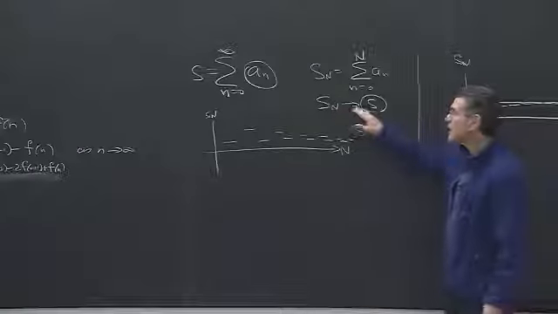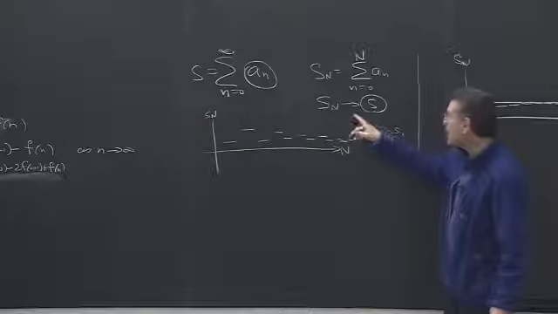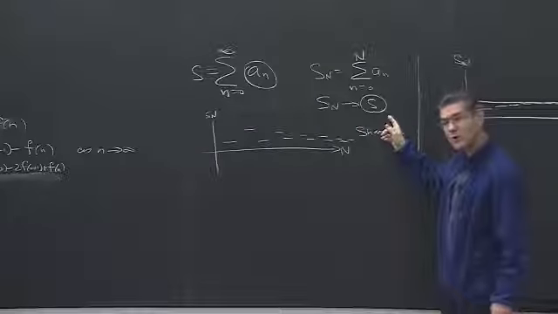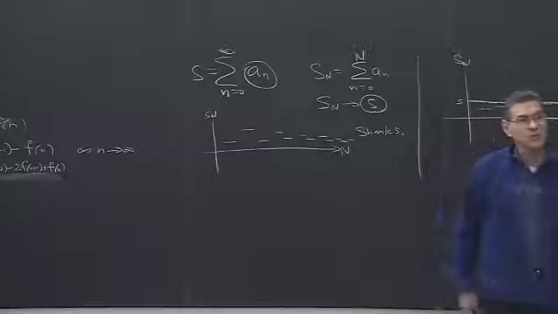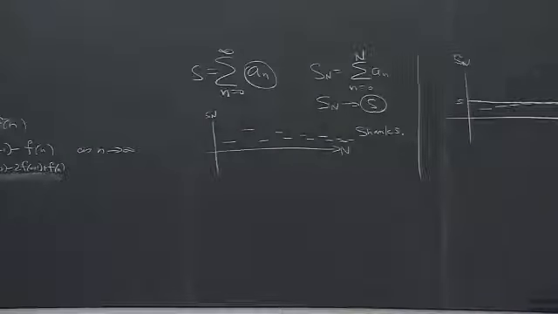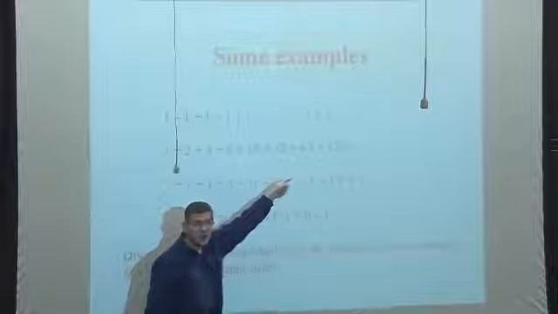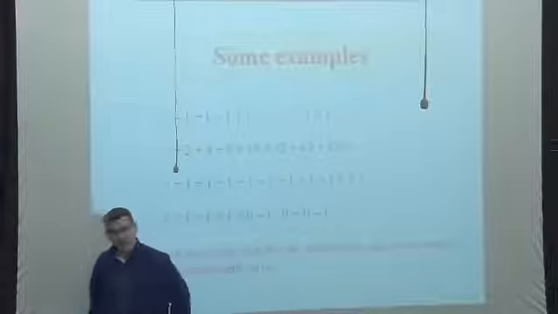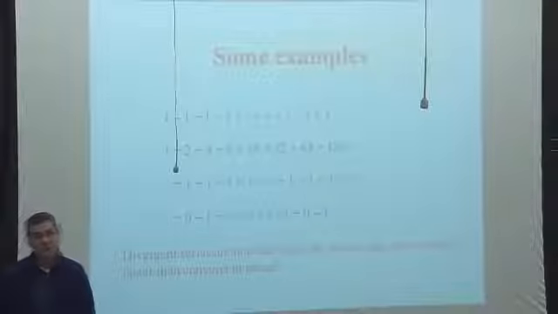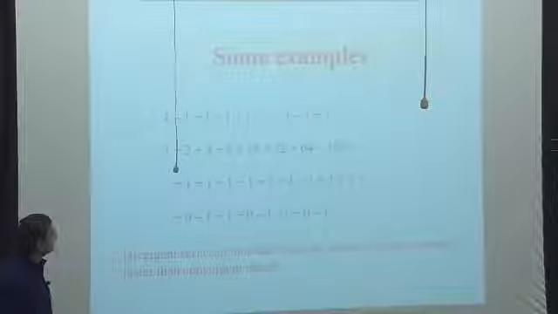Okay, so we know what a convergent series is, and if the partial sums do not converge, then it's a divergent series. So the partial sums of this series here are 1, 0, 1, 0, 1, 0, 1, 0, and that sequence obviously does not converge. So that's a divergent series.